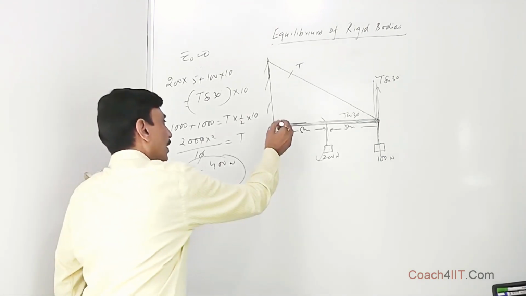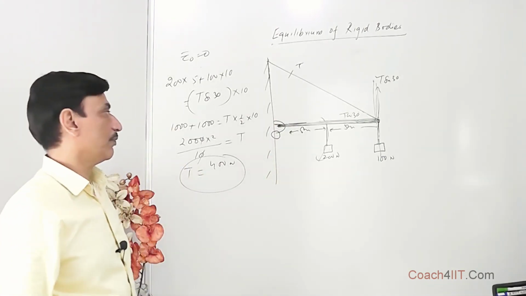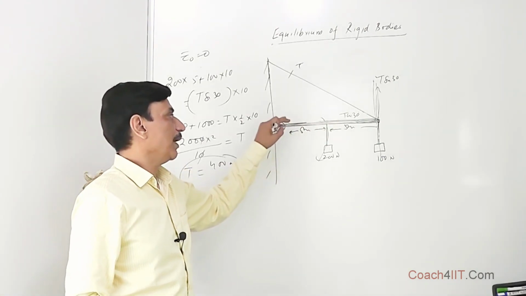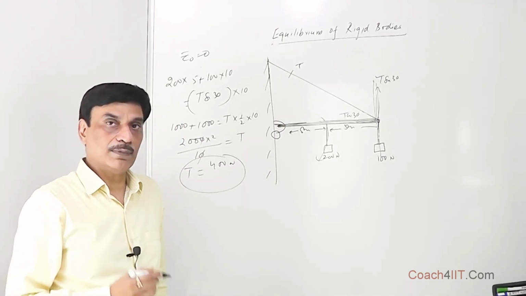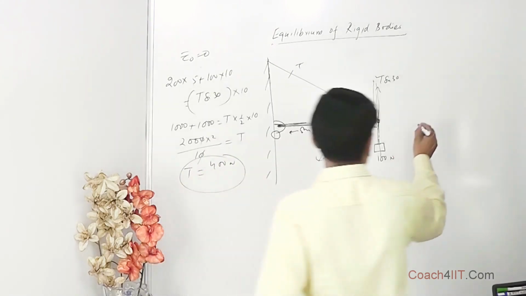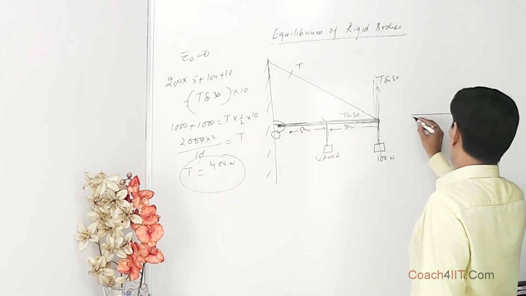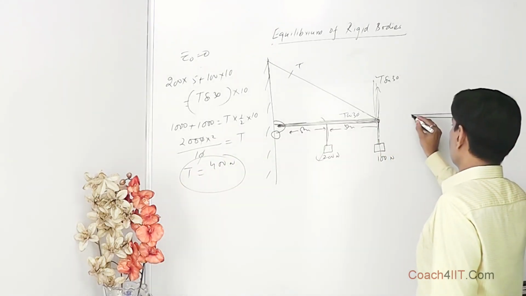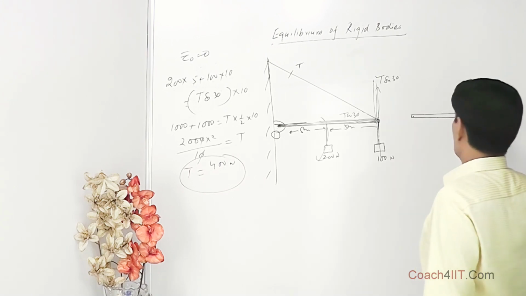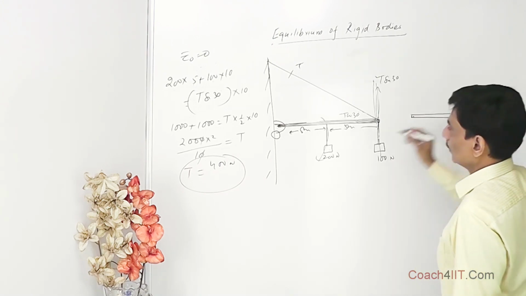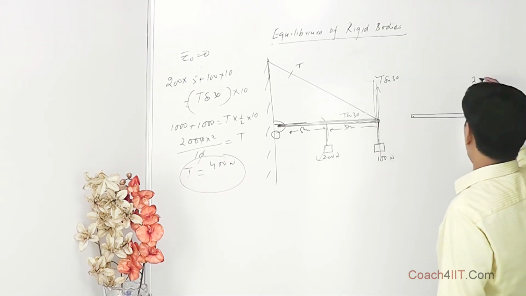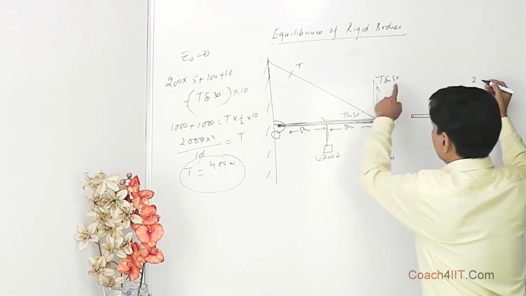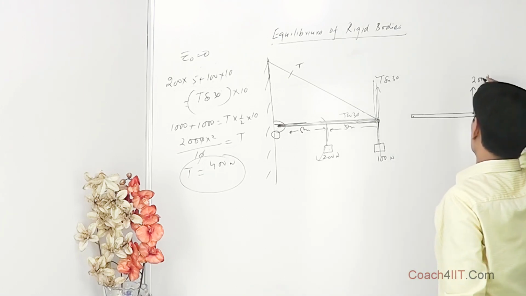Now comes the pin reaction, or the forces being experienced by this rod over here. So once again, we draw the force diagram of this rod and find out what forces are acting over here. This way is T sin 30. T we have calculated, and T sin 30 is half, so this is 200 Newton only.